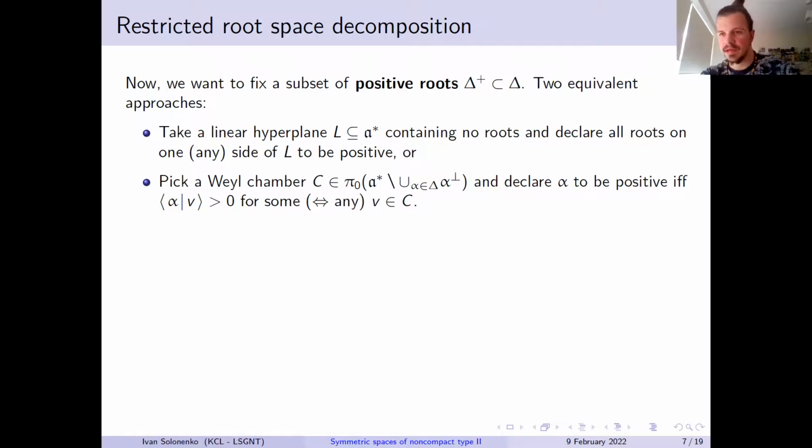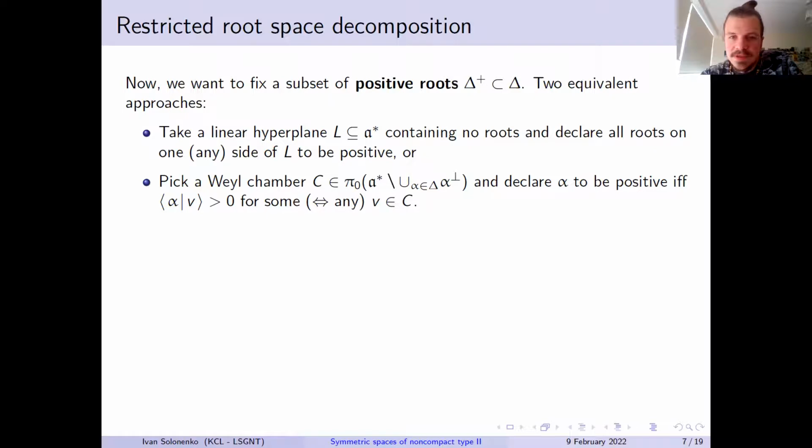You just pick one connected component. This is called a Weyl chamber of a root system. And you declare a root to be positive if its scalar product with some or any vector in this fixed Weyl chamber is positive. And you declare it to be negative if this scalar product is negative.